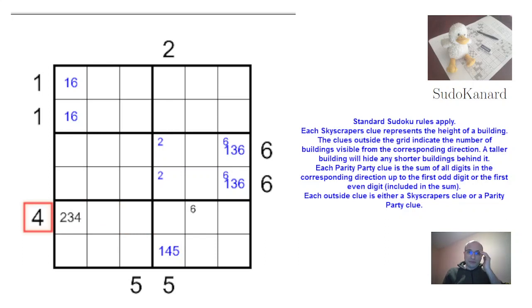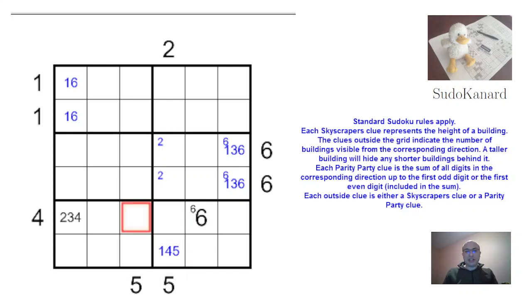So what we've seen here is that if this is a skyscraper clue, then 6 has to be here. And let's continue with this. For the same reason, 5 can't be here. That's very interesting.